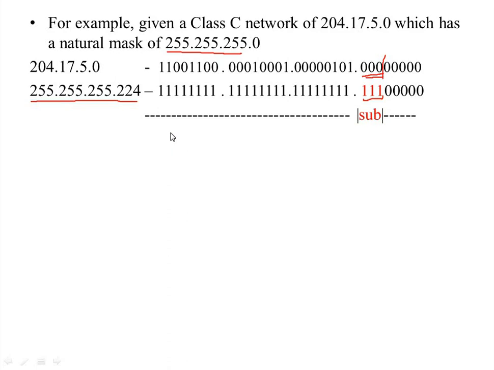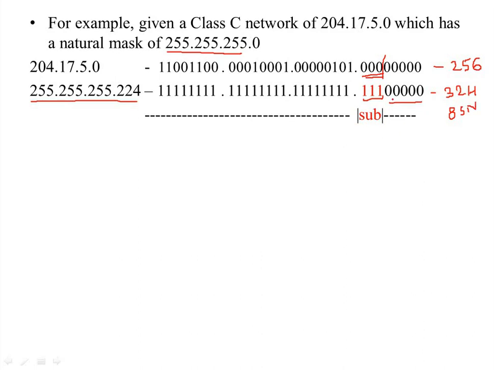Now initially in this case, you can represent 256 hosts. Now here only 5 bits are there, so you can represent 32 hosts with 8 subnets. Obviously the total number will be 256 only.